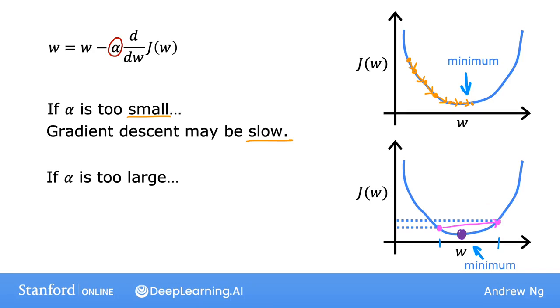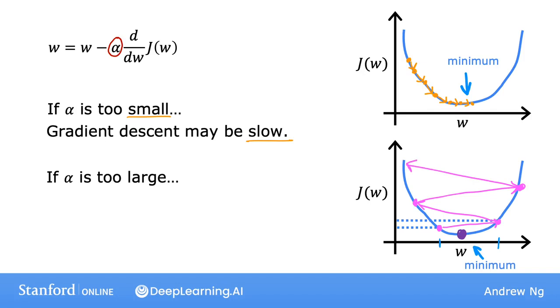But when the learning rate is too big, then you may take a huge step going from here all the way out here. So now you've gotten to this point here. And again, if the learning rate is too big, then you take another huge step at the next iteration and way overshoot the minimum again. So now you're at this point on the right, and one more time, you do another update and end up all the way here.